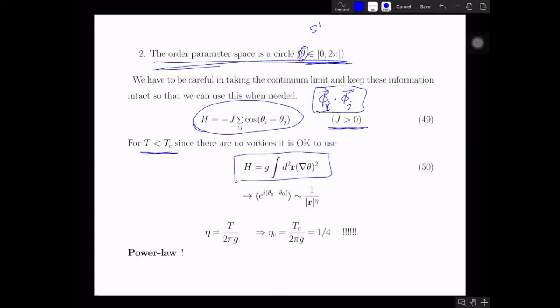If I use this to calculate the two-point correlator, I'll find that this goes as 1 over r to the power eta, where eta is this factor. Such that at the critical point, if I push this calculation to the critical point, the eta that I get is a number, 1/4.